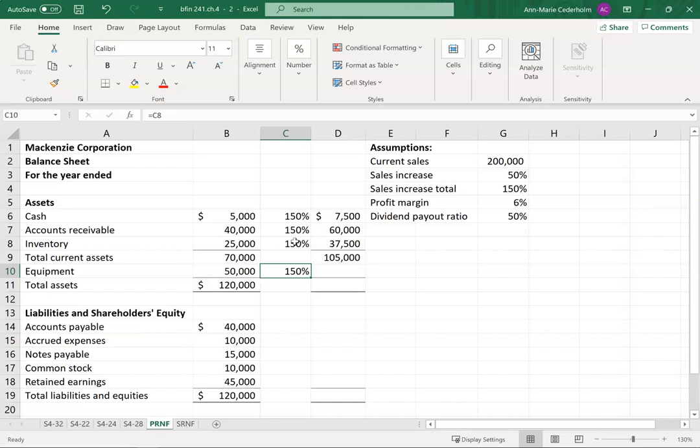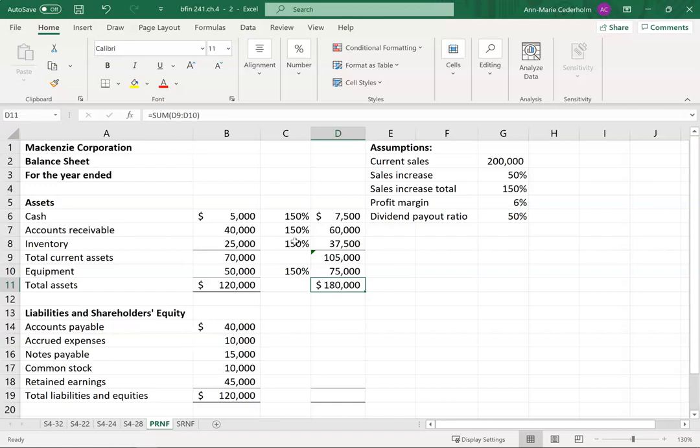So this first round, I'll do it assuming that I need to buy equipment. And then the second round, I'll do it assuming that I can just rely on the equipment that I already have. So I'm only increasing this because I'm under the assumption that my equipment needs to increase with the sales increase. So now I can add the current assets with my long-term assets, and I end up with $180,000.